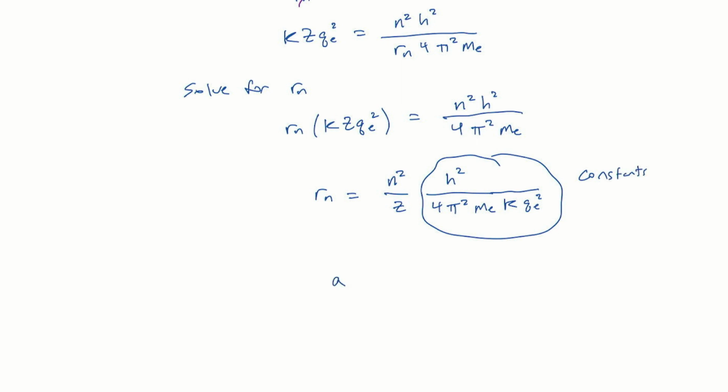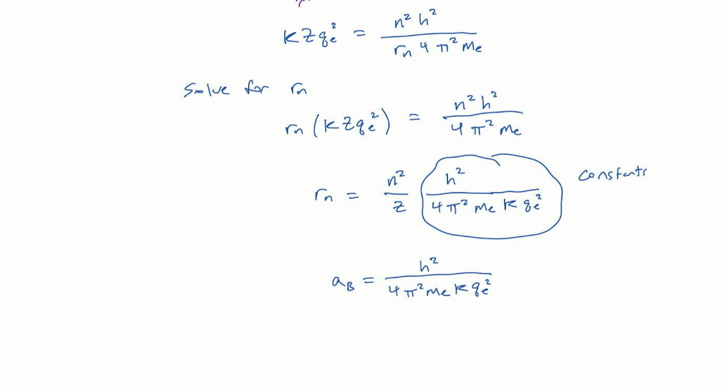And so a sub B is going to be H squared over 4 pi squared times M sub E, K, that's Coulomb's constant, Q sub E squared.